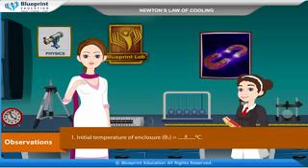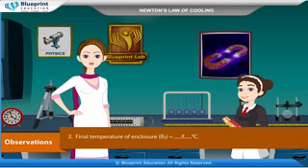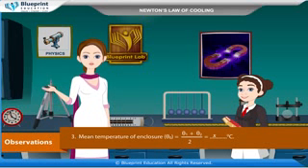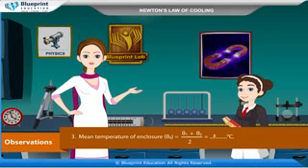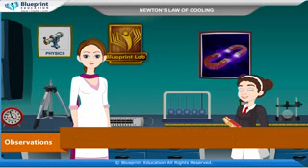Observations. Initial temperature of enclosure theta 1 is equal to x degrees Celsius. Final temperature of enclosure theta 2 is equal to x degrees Celsius. Mean temperature of enclosure theta 0 is equal to (theta 1 plus theta 2) divided by 2, is equal to x degrees Celsius.